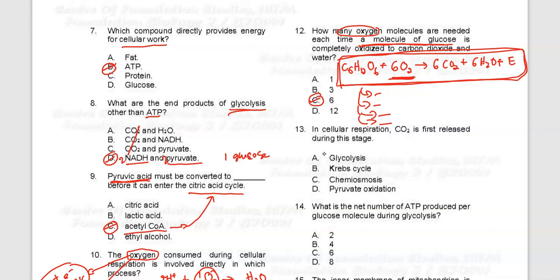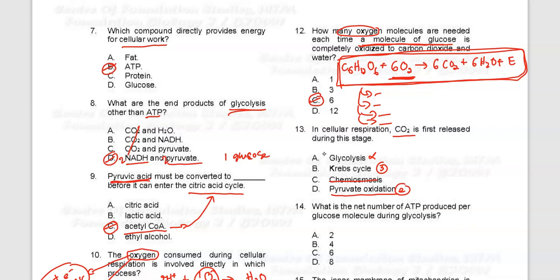Number 13, in cellular respiration, carbon dioxide is first released during this stage. Glycolysis does not produce any carbon dioxide. Krebs cycle is the third stage. Chemiosmosis is not involved in producing carbon dioxide. So pyruvate oxidation, which is the second stage, involves the production of carbon dioxide.